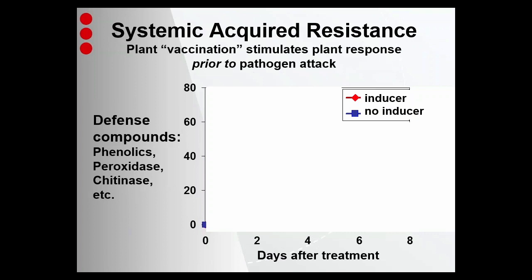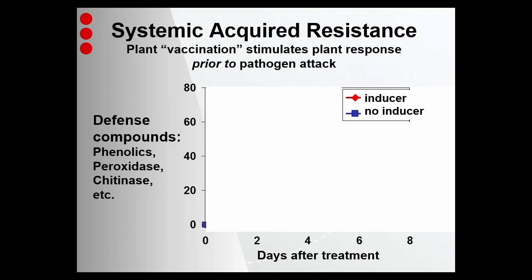This is sort of like a plant vaccination, and you're stimulating the plant response prior to a pathogen attack. Now, plants can release and create many different kinds of defense compounds to protect the cell wall or to break down a pathogen. Many phenolic compounds, peroxidase, chitinase, many different examples.